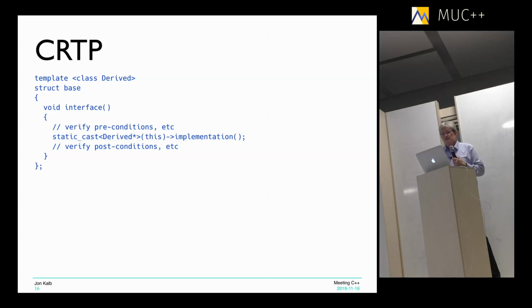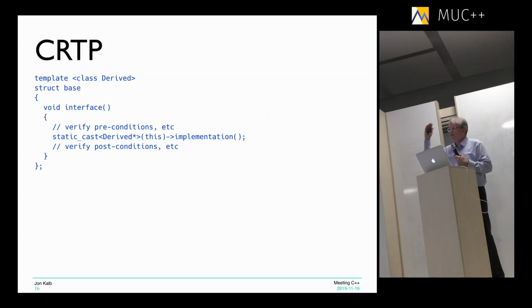Here is our base class, and it defines an interface, which in this case is real simple because we're not passing anything to it. But inside this interface class, we are going to do whatever kind of precondition verification we want to do, and then we're going to call the implementation. But remember, the implementation isn't anywhere in our interface.